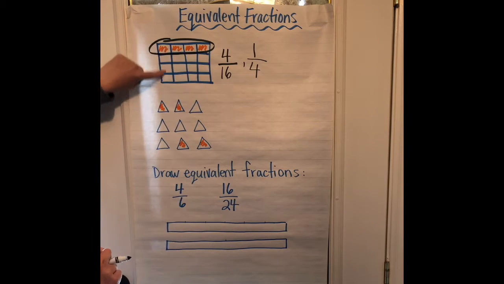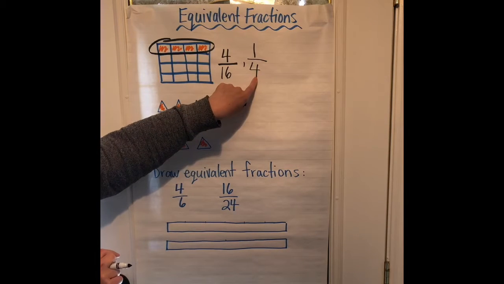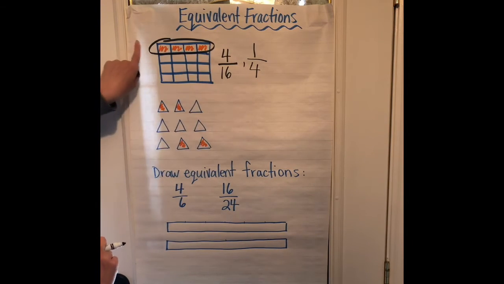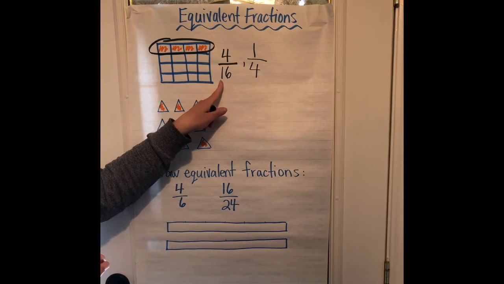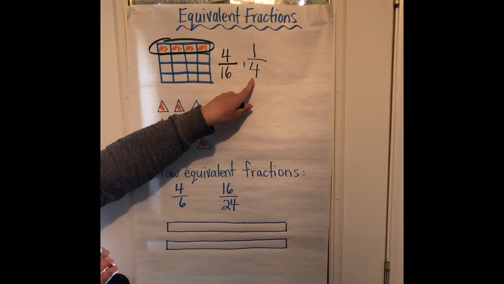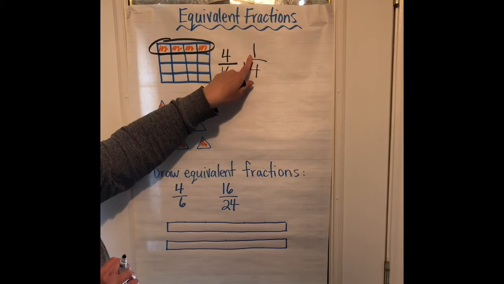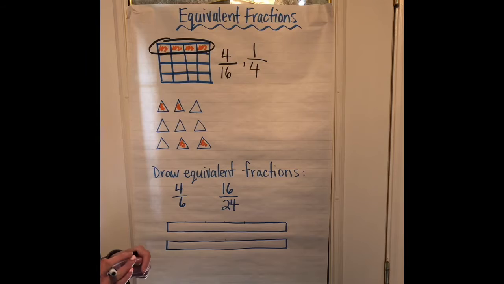You've got 4 total rows. That's why you have 4 as a denominator, but you have one whole row shaded in. So 4/16 is equivalent to 1/4. And we call 1/4 the simplest form of this fraction because we can't get any lower than 1/4. 1/4 is the lowest possible fraction that we can make from 4/16.